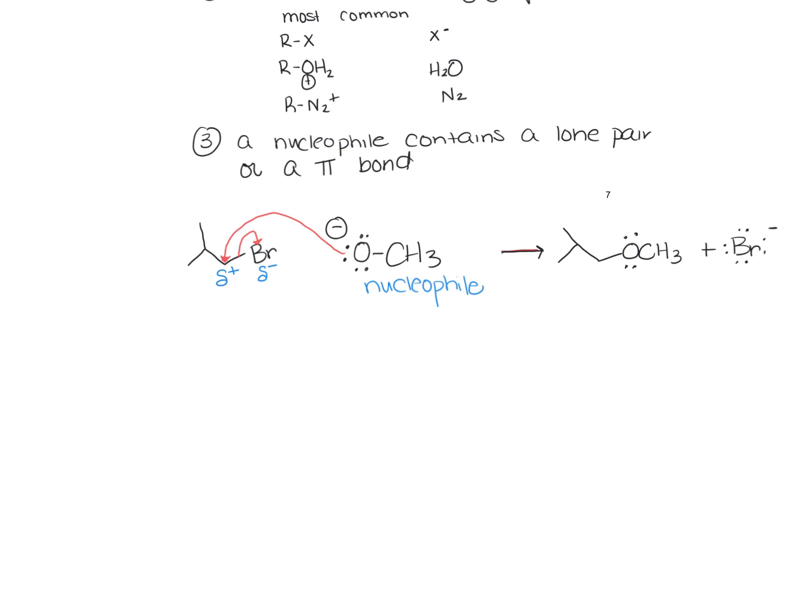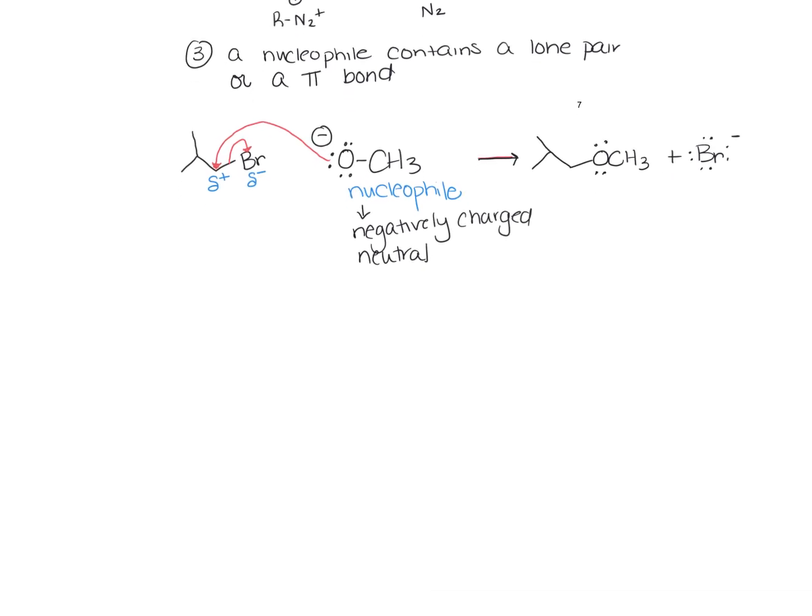And with this example, I want to point out and remind you that nucleophiles here are going to be either negatively charged or neutral. So we talked about that in a previous screencast. Now, if it is negatively charged, it will have a counter ion that is shown with it a lot of times.